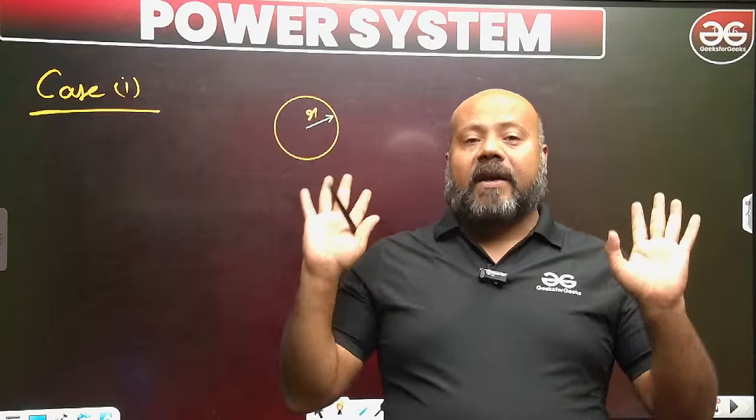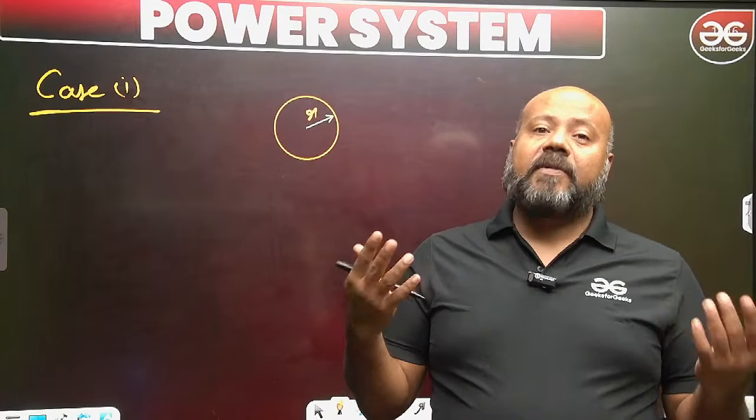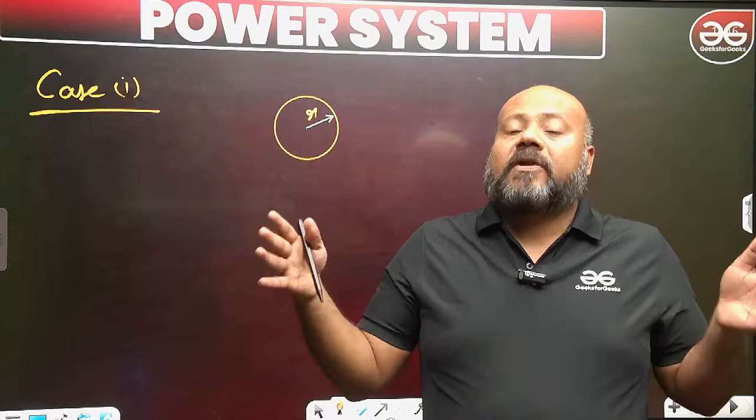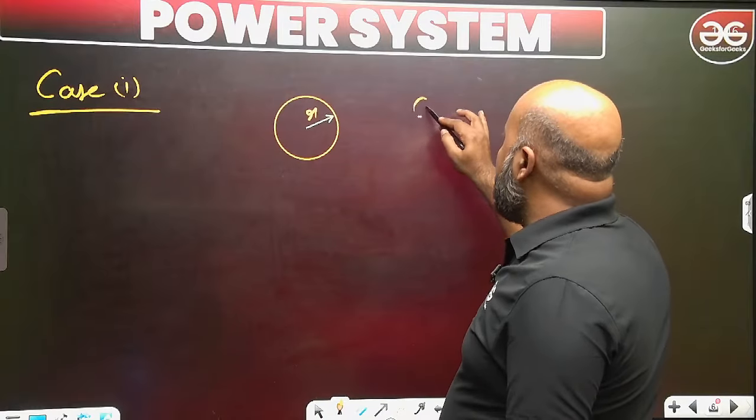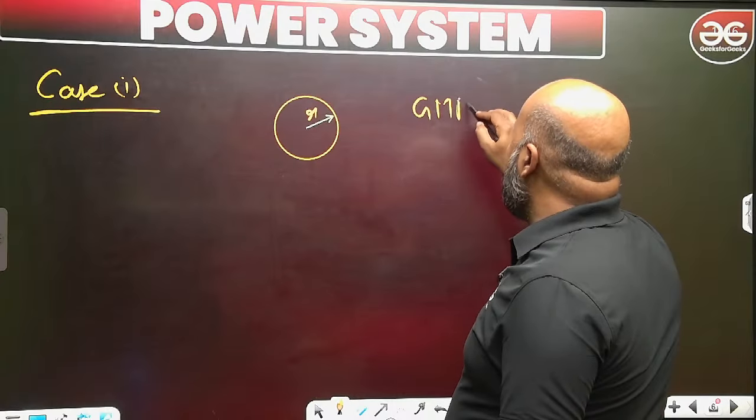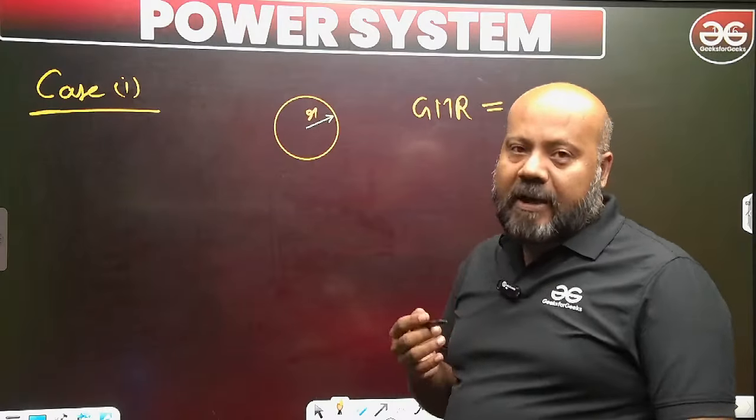It is the effective distance between two different groups of conductors. So GMD is not possible and not meaningful. So we are calculating GMR, that is geometrical mean radius.